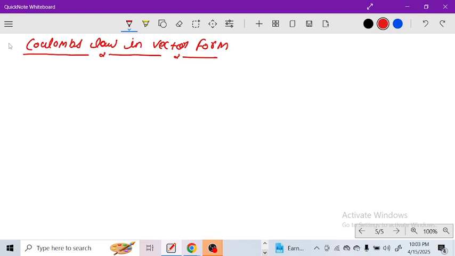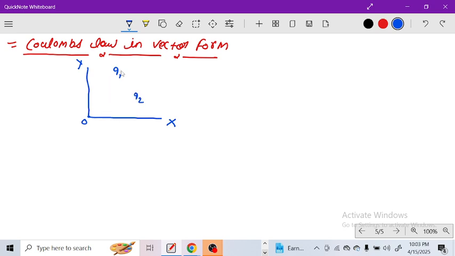Before discussing Coulomb's law in vector form, we have to draw a coordinate system which has one x-axis and another y-axis. This is the origin of the coordinate, Kavya. Suppose we are taking two charges over here, q1 and q2.